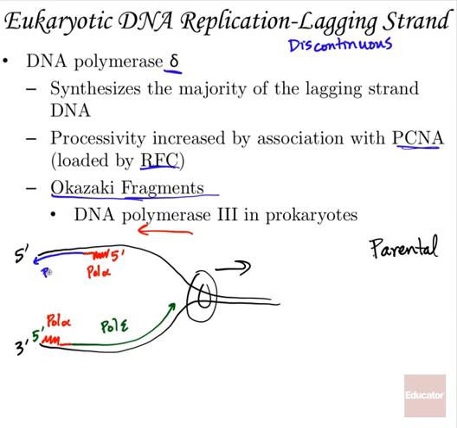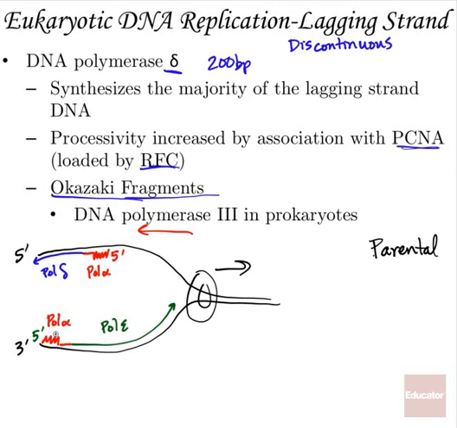Pol delta is usually only going to synthesize about, let's say, 200 bases at a time before it falls off. Whereas pol epsilon can do thousands or tens of thousands of base pairs at a time before it might fall off. And theoretically, all you need to do is add a primer to the leading strand one time, and you can synthesize all the way to the end of the chromosome.